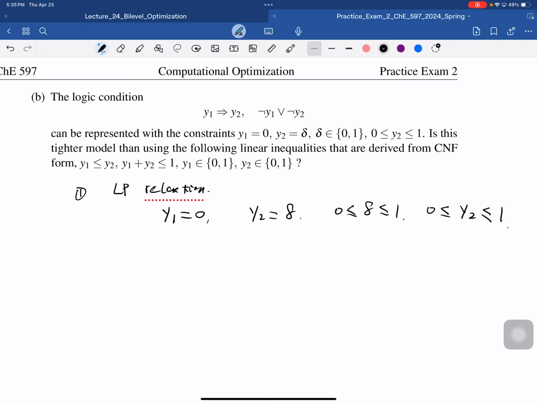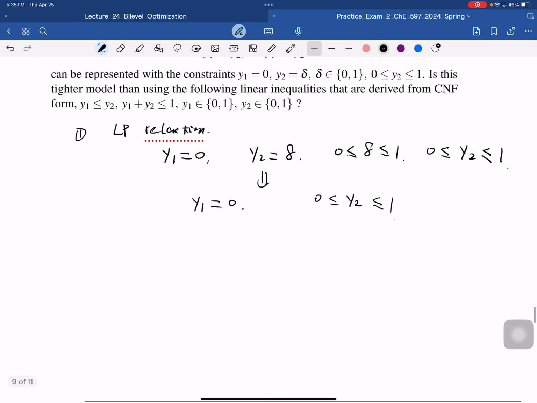Clearly, you can get rid of delta, since y2 equals delta. So this is the same thing as y1 equals 0 and y2 between 0 and 1.